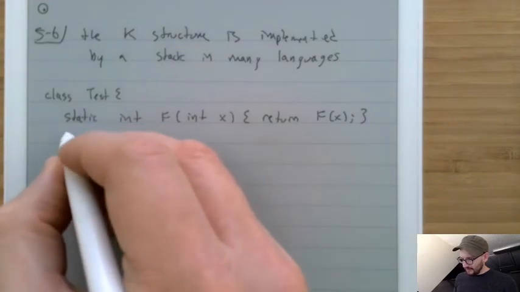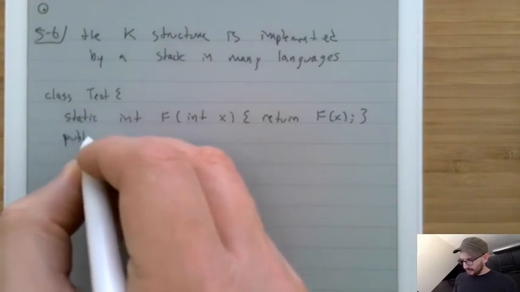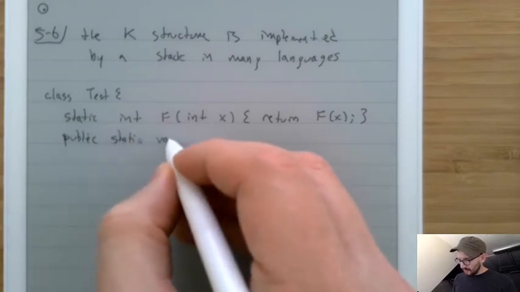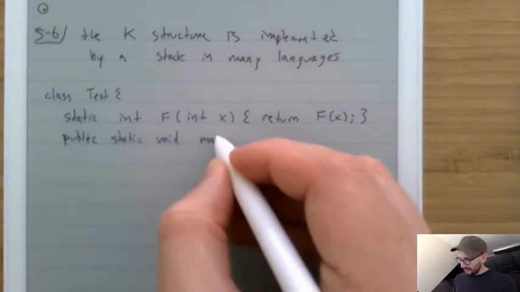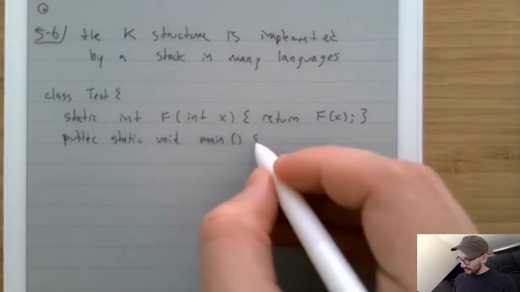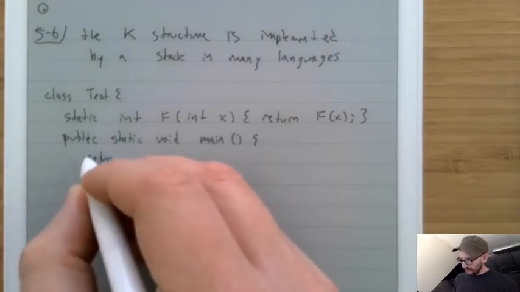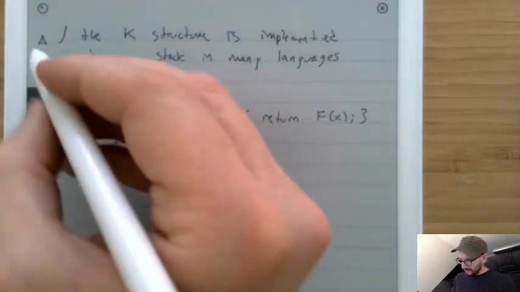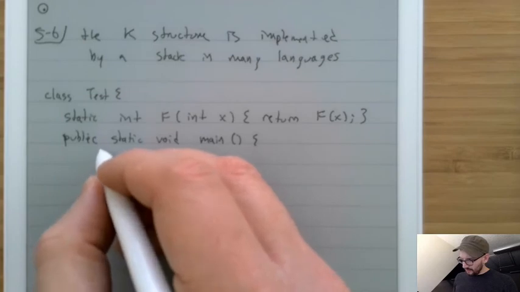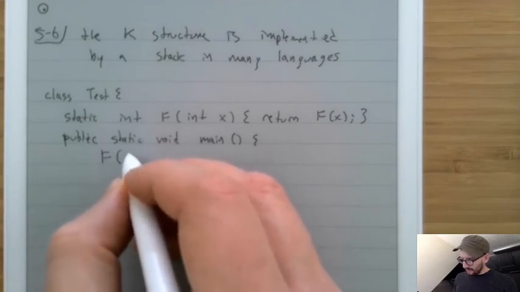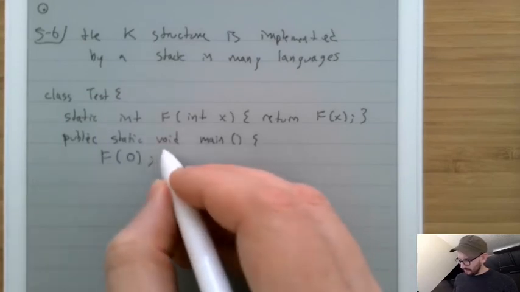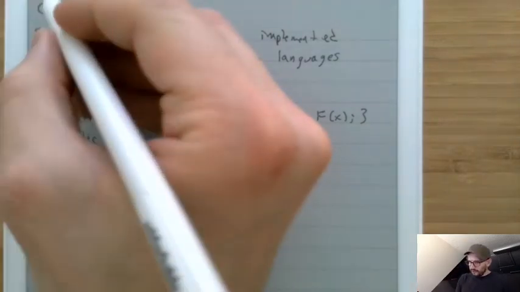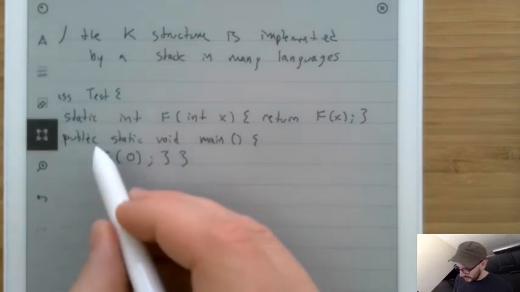Then we're going to write public static void main, and we're just going to call a function, f of 0. If you go write this function, you can go write it right now.